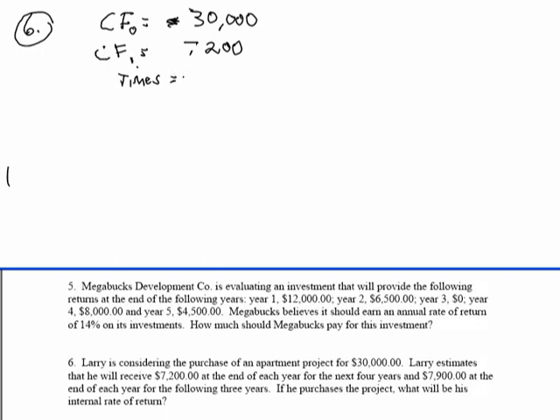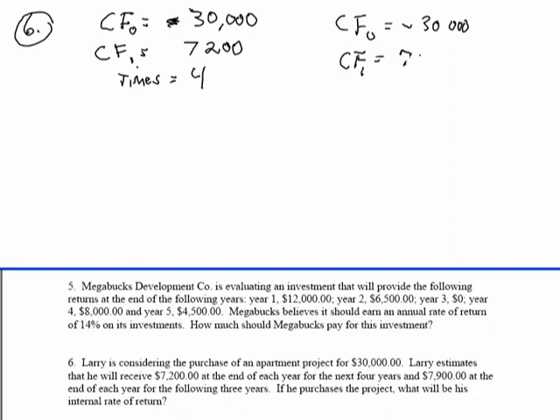So what I could do is put CF1, CF2, CF3, CF4 as 7,200, or I could just go 4. And the calculator will recognize that the 7,200 is occurring for four periods. Okay, so I'll do it the longer way next to it, but this is an opportunity to use those shortcuts.